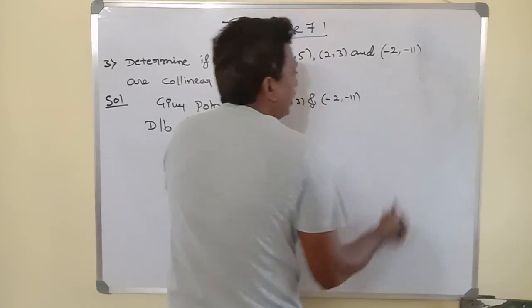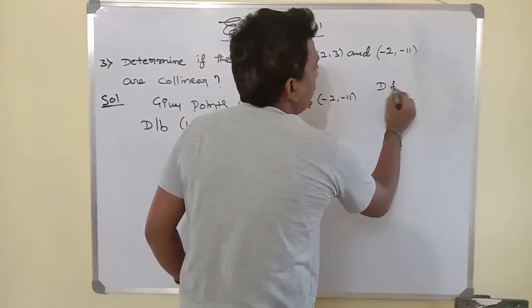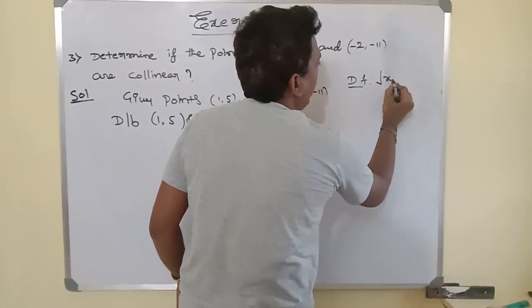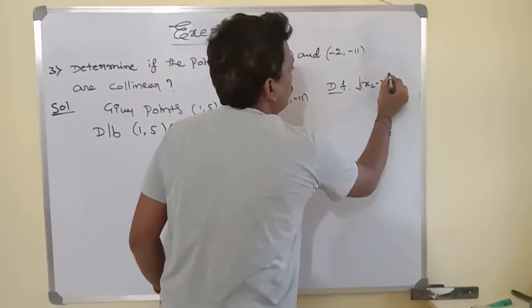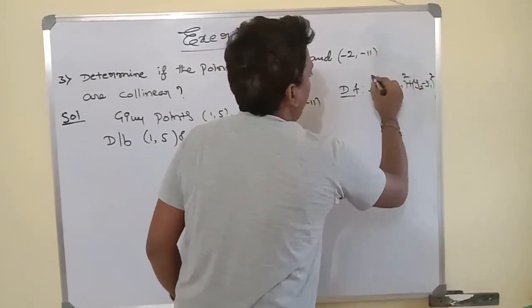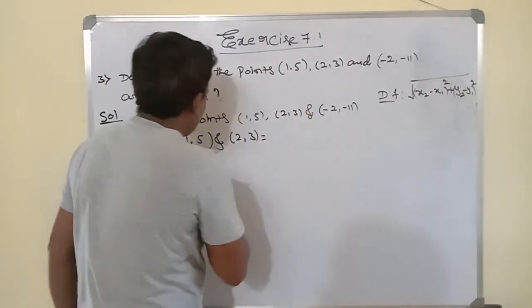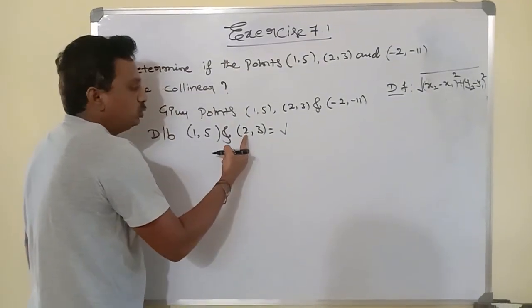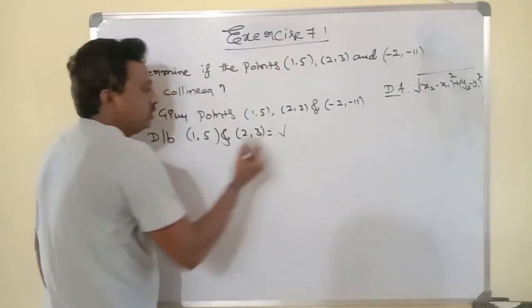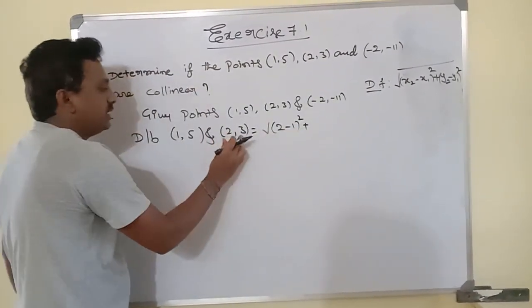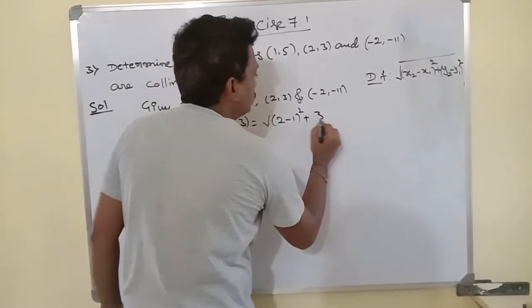So the distance is square root of (2 minus 1) whole square plus (3 minus 5) whole square.